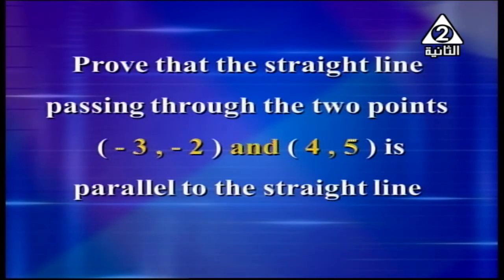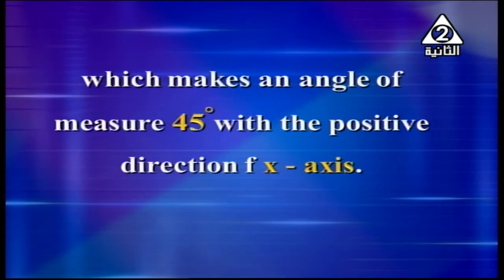Then prove that the straight line passing through the 2 points (-3, -2) and (4, 5) is parallel to the straight line, which makes an angle of measure 45 degrees with the positive direction of the x-axis. Now you have two straight lines. One passes through the 2 points (-3, -2) and (4, 5), and the other makes an angle of measure 45 degrees with the positive direction of the x-axis.